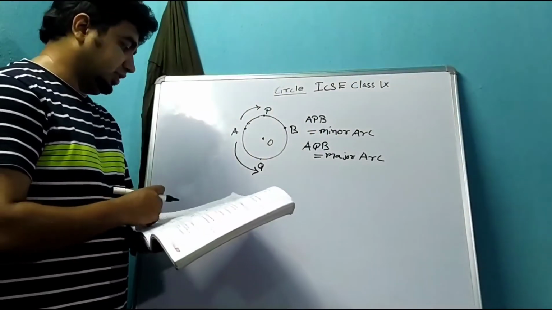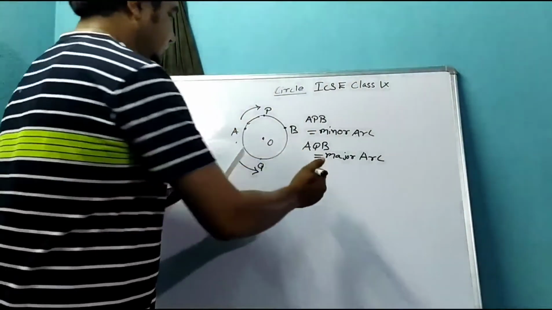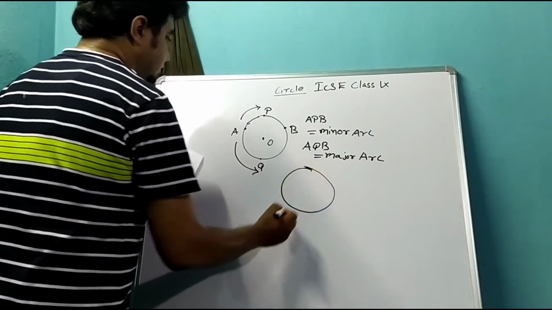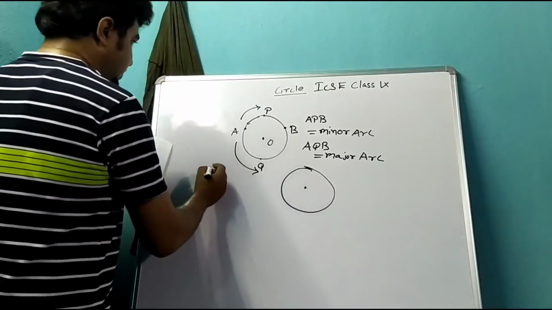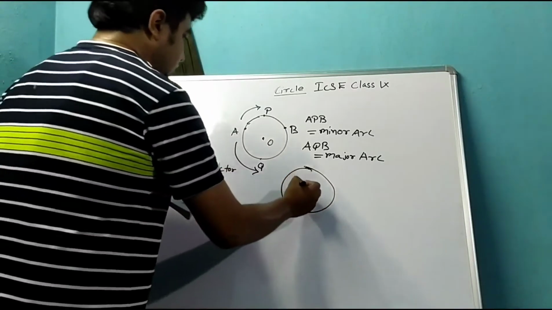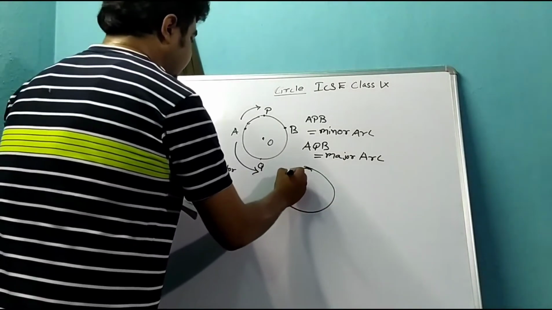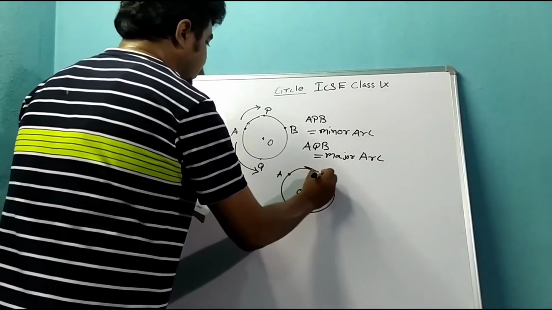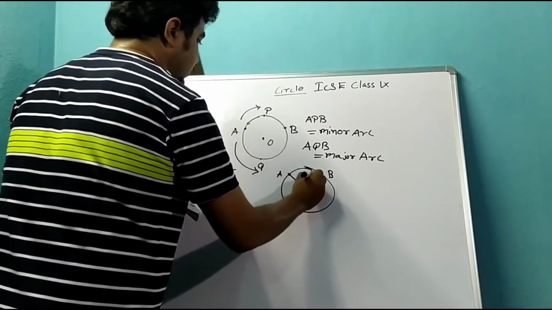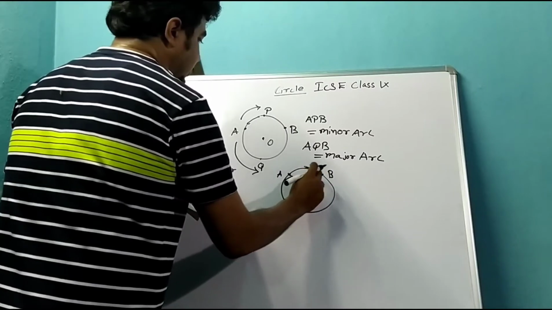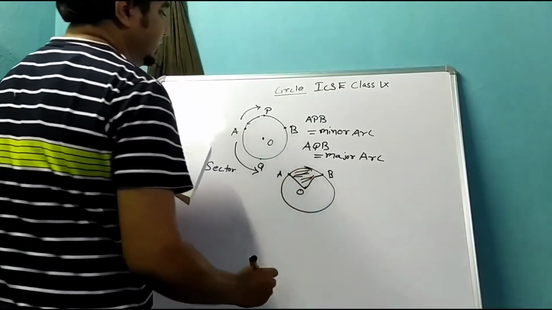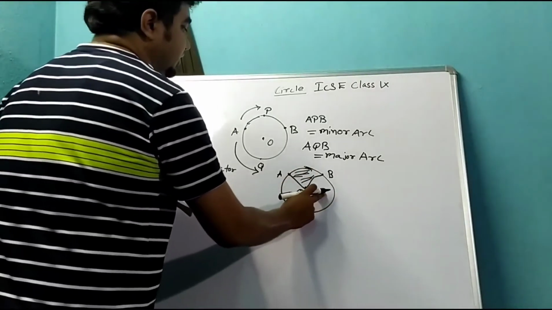Now the next thing we'll be discussing is the sector of a circle. For the sector, again the same thing is required. See, this is O. If I am taking this point as A and this point as B, and joining these two points with a line segment, this is the minor sector and this is the major sector.